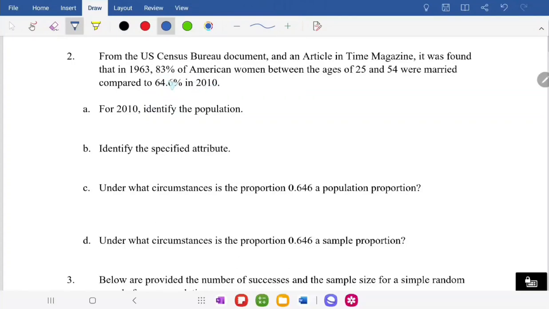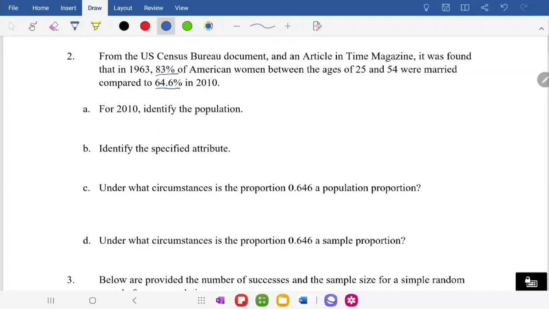They have given us the data here in percentage, not in proportion. Remember, this is a chapter on proportions, but the data in this question is given to us in percentage. But keep in mind that proportion and percentages can be translated back and forth into each other. Okay, so first question says, for 2010, identify the population.